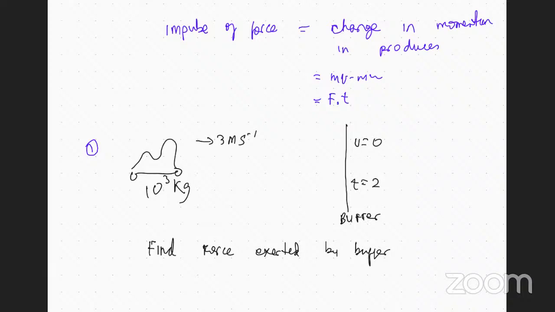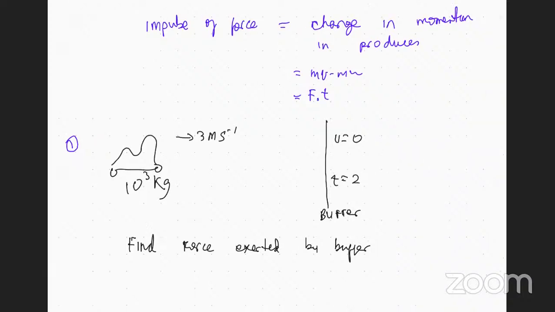All right, so let's see. In order to work this out, we need to remember that F by T is mv minus mu. That's basically the impulse. The impulse is F by T. So we know that the mass is 10 to the power 3, the velocity is 3. Oh wait, I have it back to front.